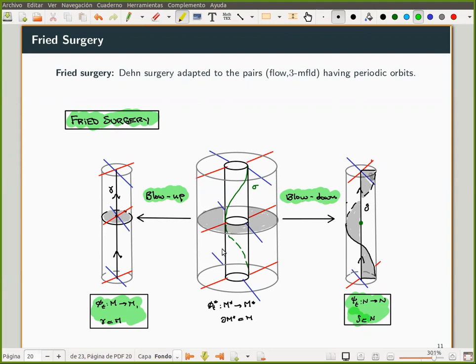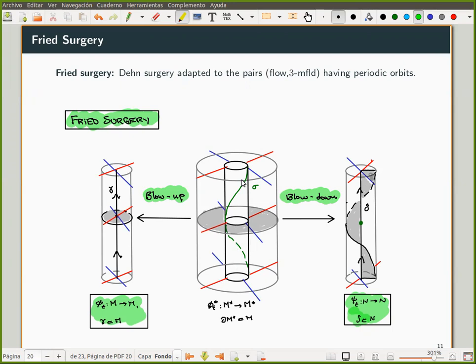So we can produce, making this operation, a new three-manifold with boundary, with one boundary component, and we can lift the flow phi t and produce a flow phi t star in this three-manifold.